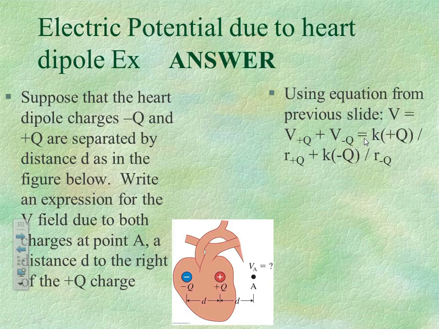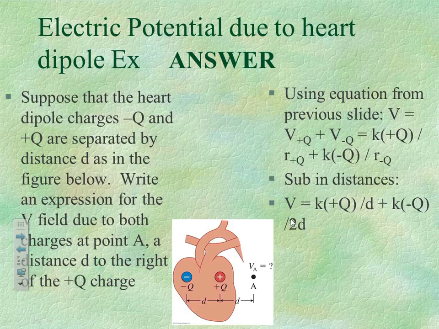Now for the red guy, that distance is just going to be d. For the blue guy, that's going to be twice the distance. So I have these guys, and then all we have to do is add these like they're regular numbers.